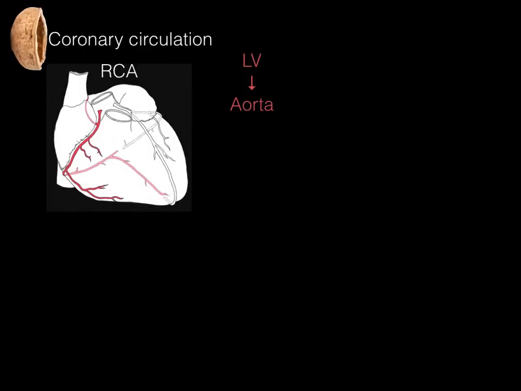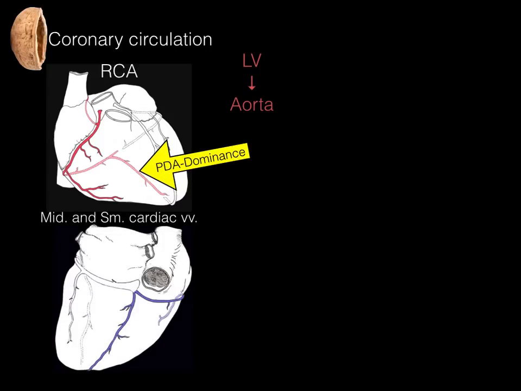All right, how about coronary circulation now in a nutshell? Well, oxygenated blood in the left ventricle goes into the aorta and then out the aorta to the right coronary artery that supplies the right side of the heart. And once it goes to the heart tissue, and that PDA determines the coronary dominance, as shown there. Then the right side of the heart's deoxygenated blood is brought back to the coronary sinus via the middle and small cardiac veins.